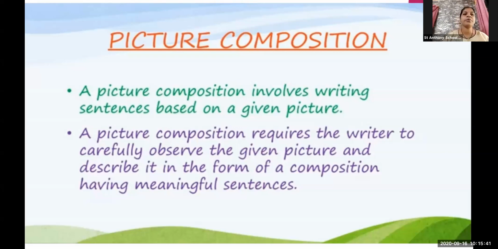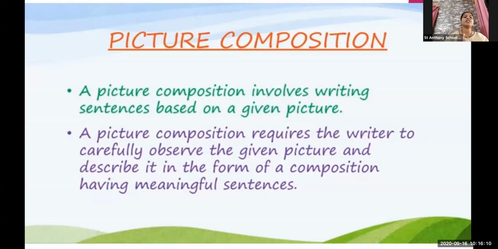You have to carefully observe that picture. Not a single corner should be left. Observe the picture very carefully, with very keen observation, and describe it in the form of meaningful sentences. Follow one by one, don't mix everything.